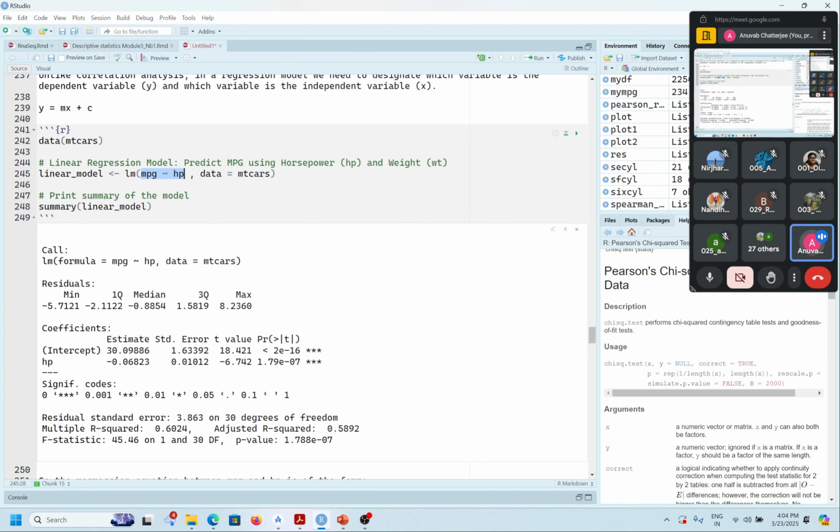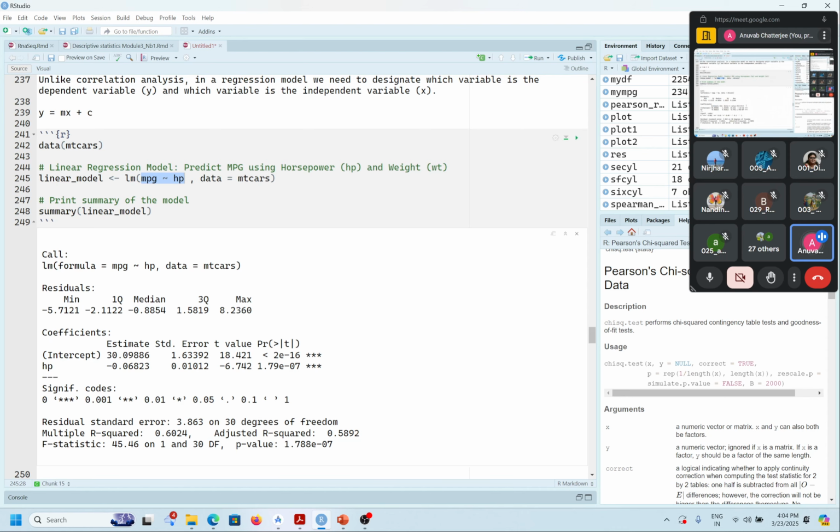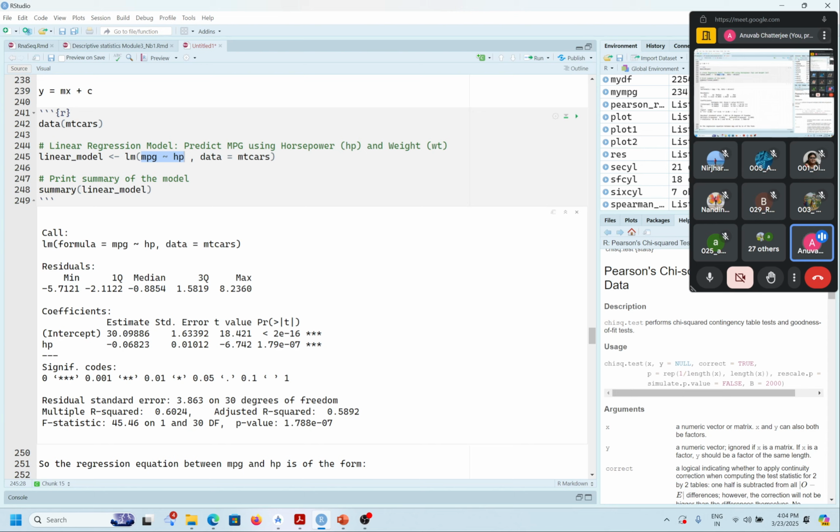So regression is essentially just plain old mathematical magic. You are able to figure out a relationship between two different variables. So the result should look like this. Here what you care about is the intercept and the HP coefficient.